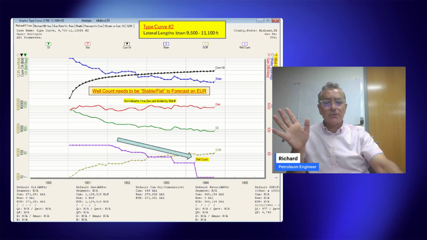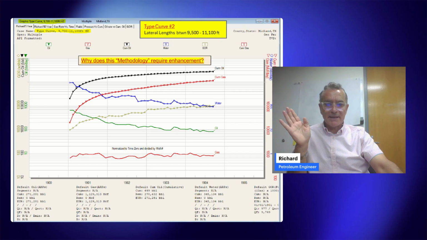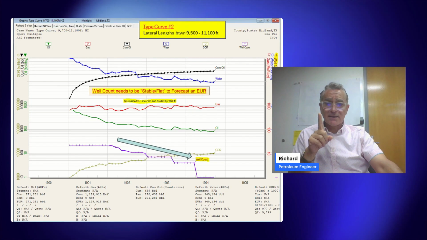Now, from the perspective of looking at a type curve, one of the things you've got to look at is the well count. If you're going to put together a forecast on the basis of this normalized production, you're making the assumption that the well count remains the same.